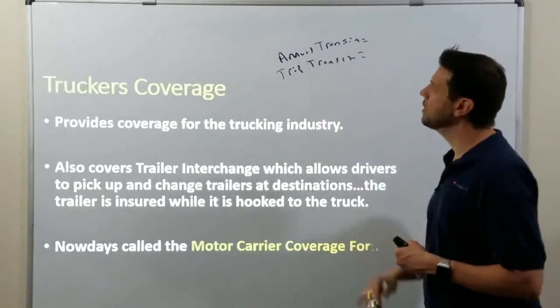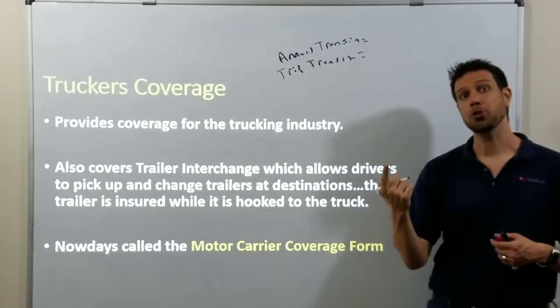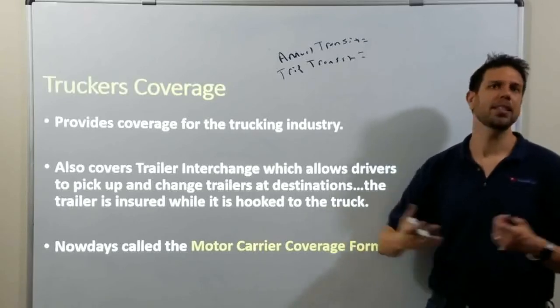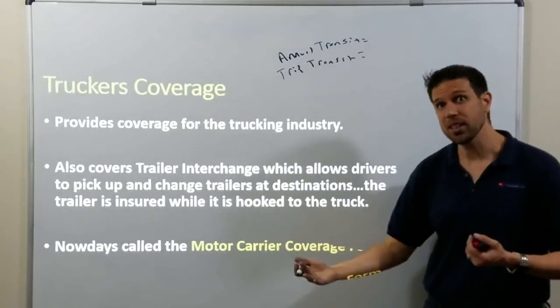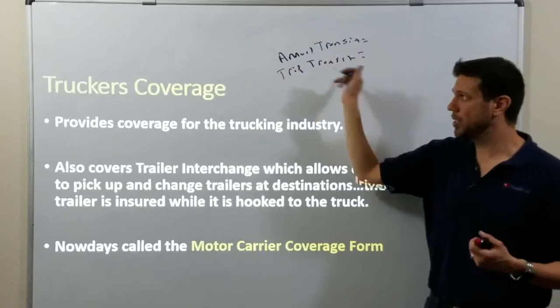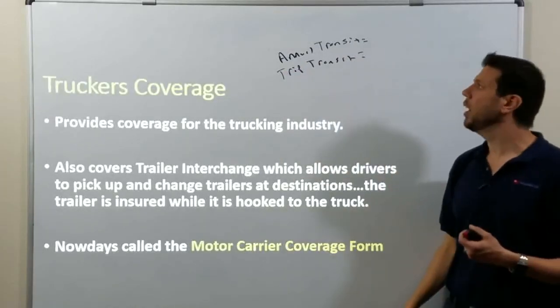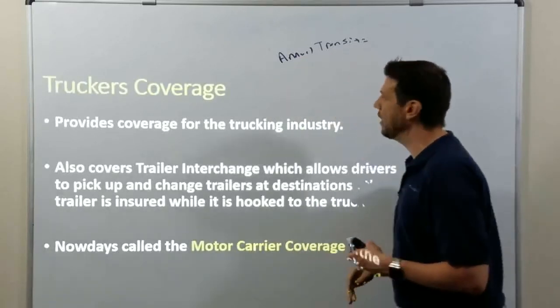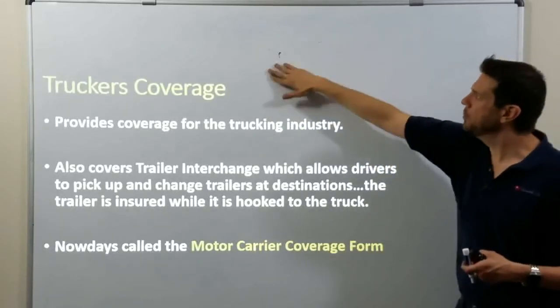Trip transit is insurance that you buy just for one trip. So like if you need to rent a 18-wheeler to move your office, then you might just get trip transit insurance, cover you for that one trip. Most truckers, which is the motor carrier coverage form, gets the annual transit coverage.